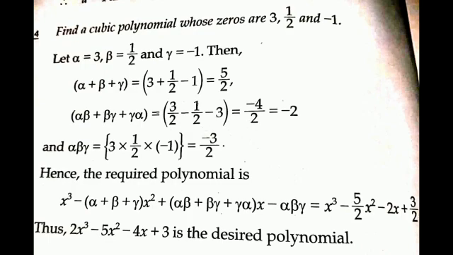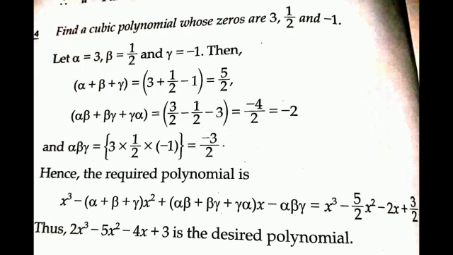Then we can find the sum of its zeros, that is alpha plus beta plus gamma, which is equal to 3 + 1/2 - 1, and finally it is 5/2. Now next is the sum of the product of its zeros taken 2 at a time, that is alpha into beta plus beta into gamma plus gamma into alpha.